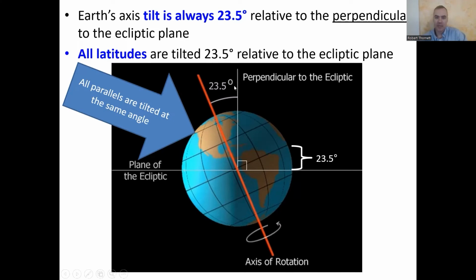So we get everything from that tilt, all those numbers, 23.5, and then 90 minus 23.5 is 66.5. It's a very good number to remember. So all latitudes, if you look at the diagram, the equator, all these latitudes, all the parallels are all tilted at that 23.5 degree angle.